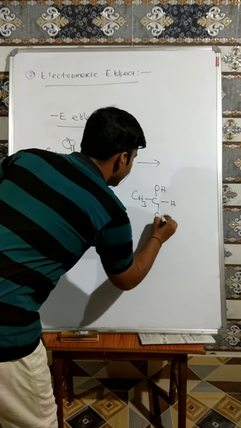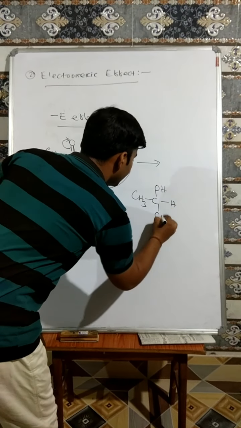This is the acetaldehyde cyanohydrin. Here the cyanide nucleophile attaches to the carbonyl carbon, and simultaneously the pi bond is displaced. Such electron displacement takes place through the negative electromeric effect.